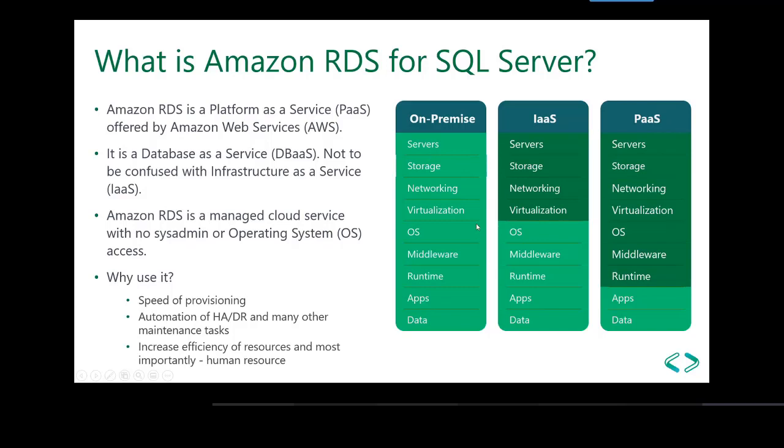When you migrate to infrastructure as a service with a cloud vendor, the cloud provider will be responsible for these darker greens: server, storage, network, and virtualization. You will be responsible for the OS, middleware, runtime, apps, and data. If we select platform as a service, your responsibility will only be data and apps. The cloud vendor will support everything else.